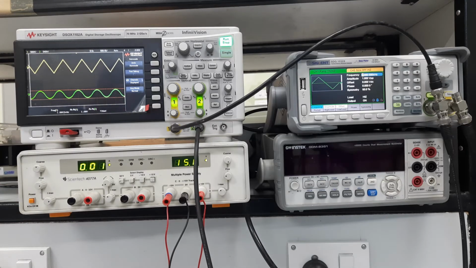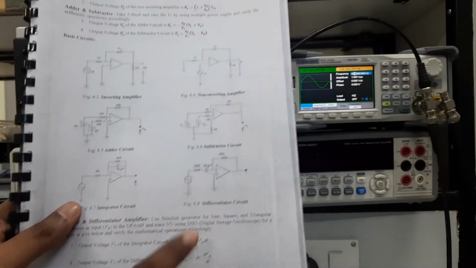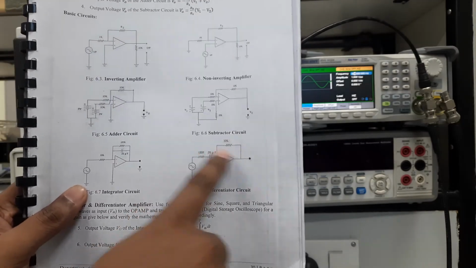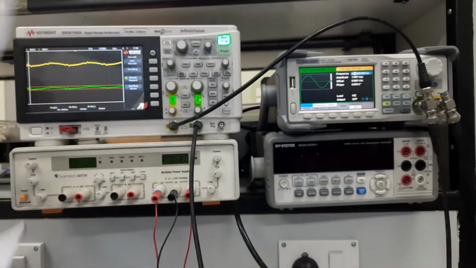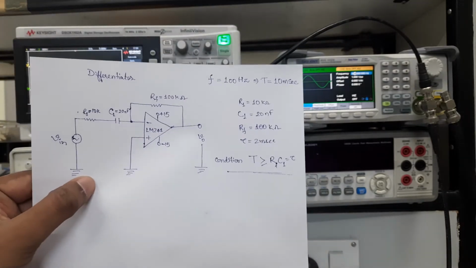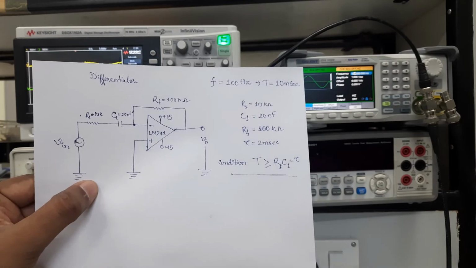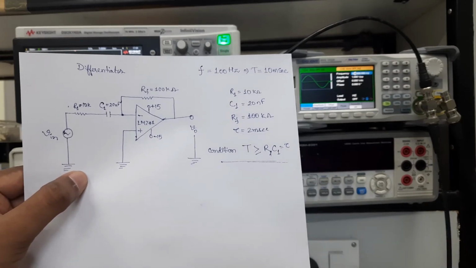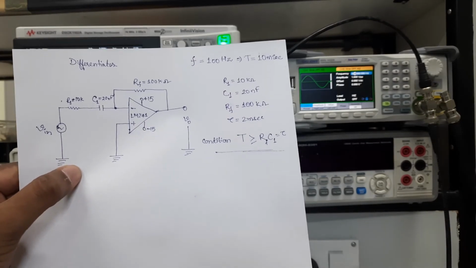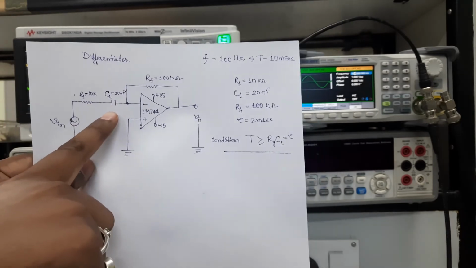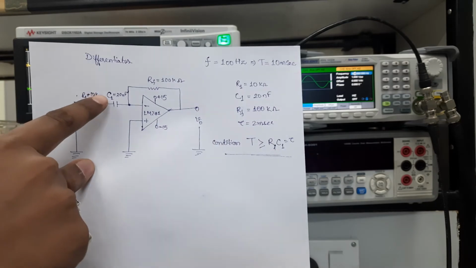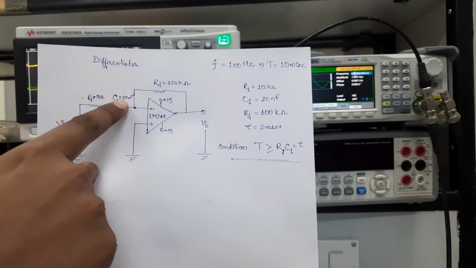So you can see the differentiator circuit. This is the clean circuit diagram. Here I have used the C1 capacitor at the input, which is the same as the previous one, 20 nanofarad.